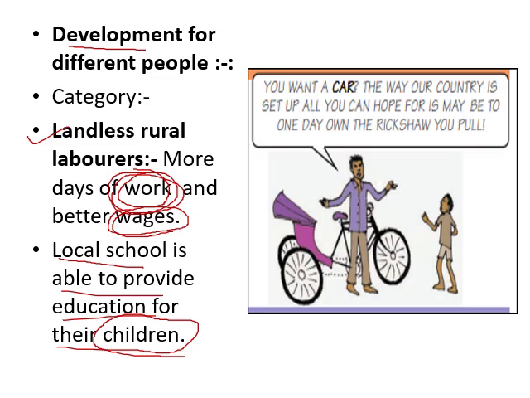Here in this image you can see that this man is talking to his son, who wants a car. But he is saying that the way our country is developing, you cannot think of a car. Rather, you can think of owning this rickshaw someday when you grow up, and then you will have to pull it just like I am doing.